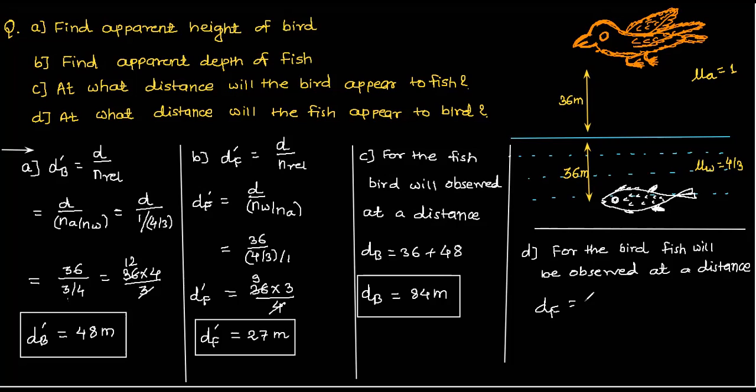So 36 plus 27 is equal to 63 meter. Therefore the distance of the fish for the bird is equal to 63 meter from the bird. It is appearing, or observed, at 63, but actually it is 72. Understand?